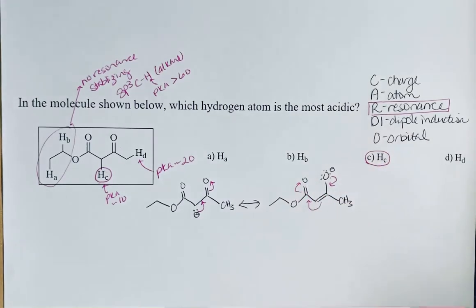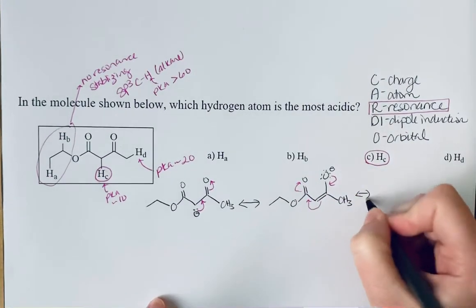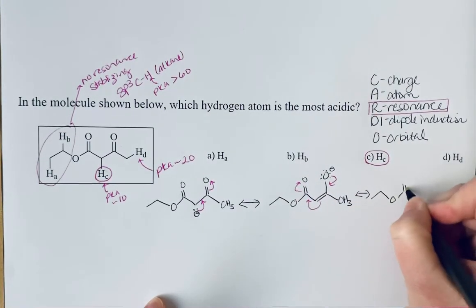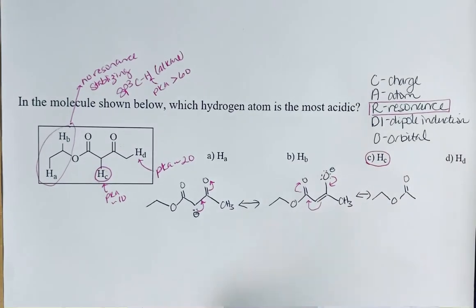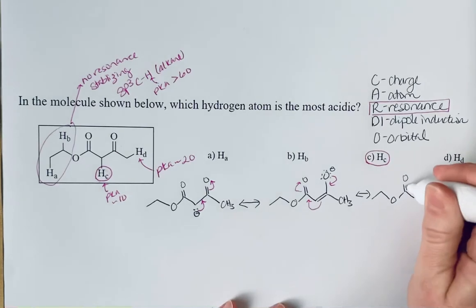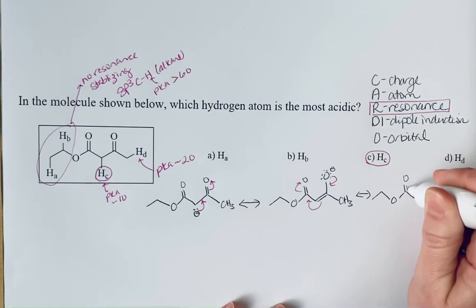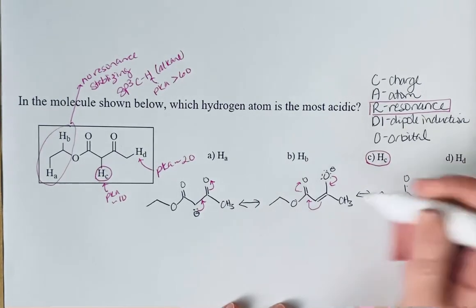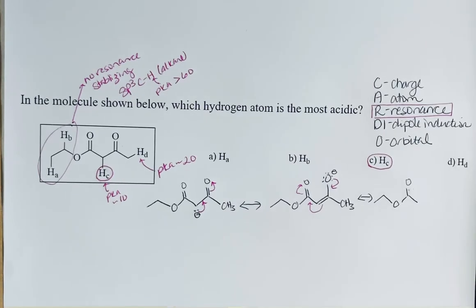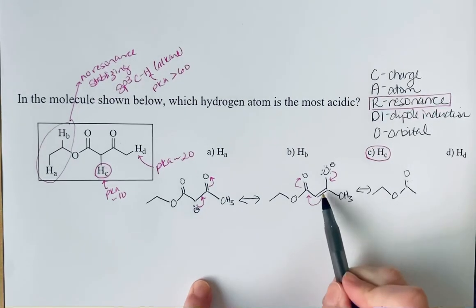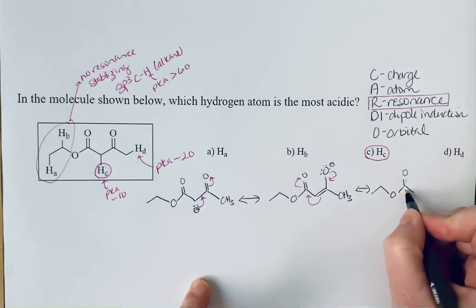So it's this extra resonance stabilization that I'm drawing here. I drew that bond where it shouldn't be, so let me quickly get rid of that, because we moved those electrons up onto the oxygen, so they should not have been there. If we moved this double bond, we need a double bond right there.